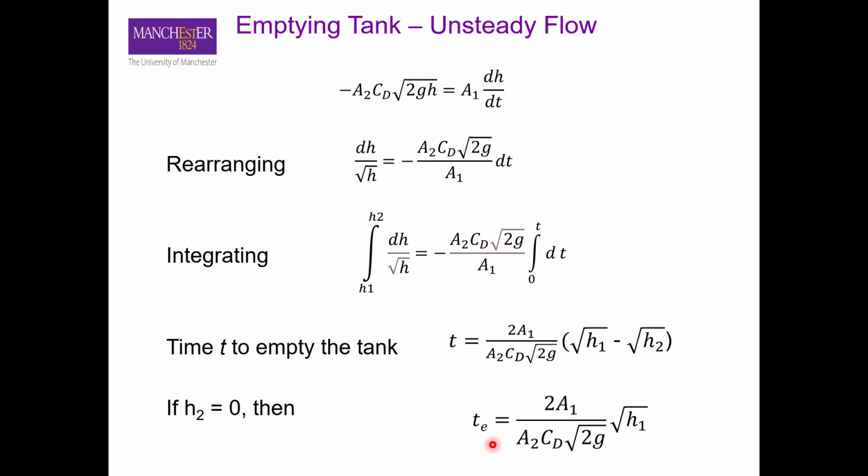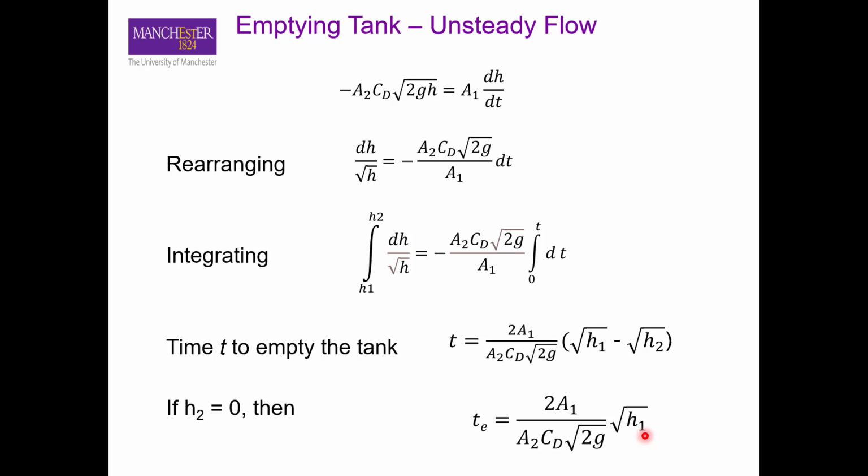It means that the time is a function of height. Okay, so if you double the height of the fluid in your tank, you are going to get a 41% increase in time. The reason is that the square root of 2 is 1.41, so you will get a 41% increase in time if you double the height.